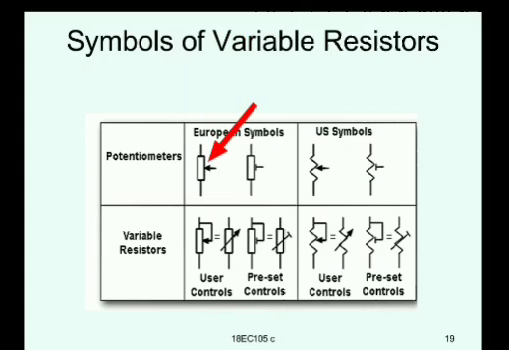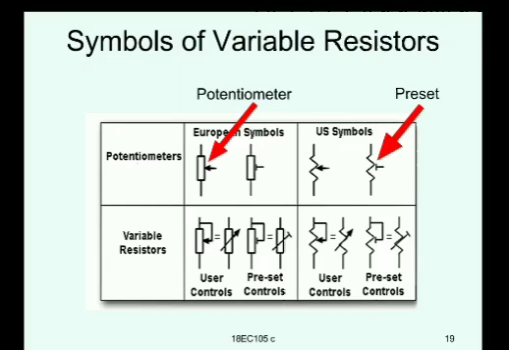Then in the US model you have a resistive zigzag sort of symbol that we normally use in our circuit symbolic notations. That is a potentiometer, and the arrow you are now seeing is a preset. The variable point is not an arrow, it is a T sort of thing.